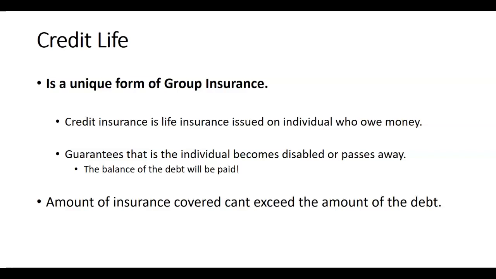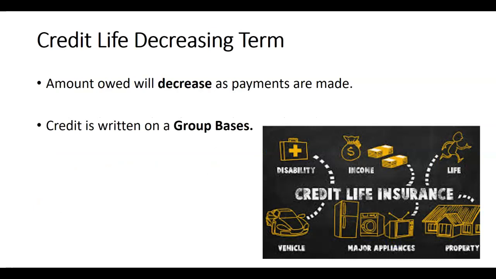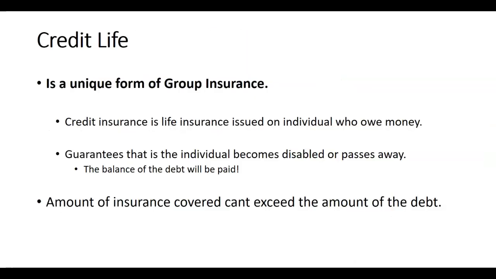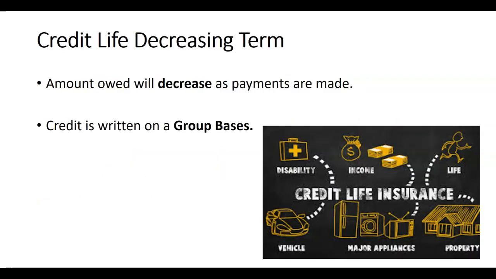So that's very similar to decreasing term. It's another word that's used for it. With decreasing term or credit life, the amount owed will decrease as the payments are made.